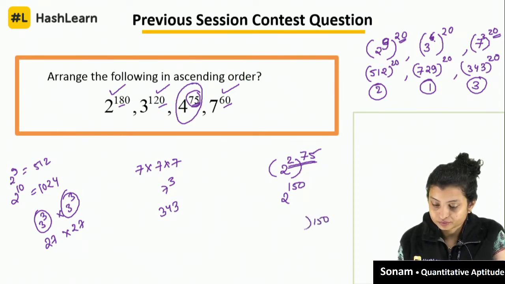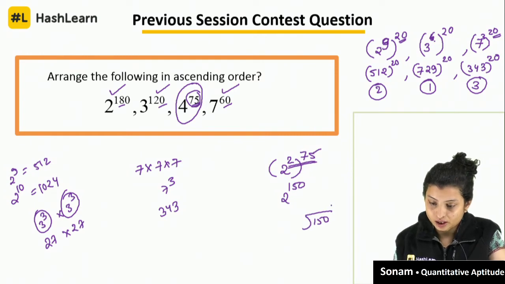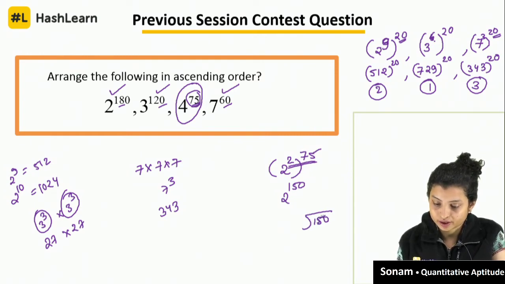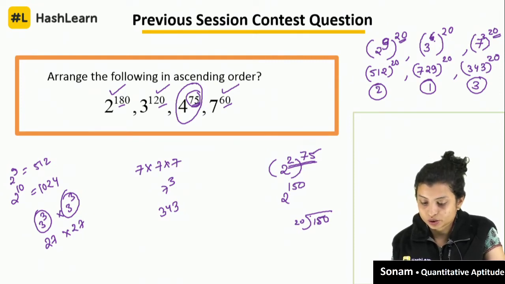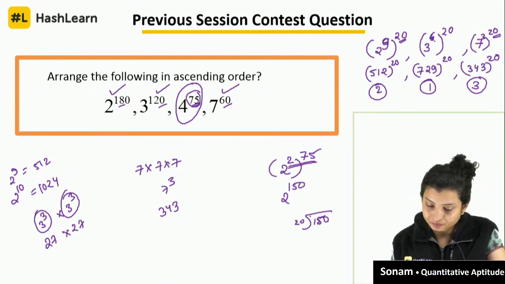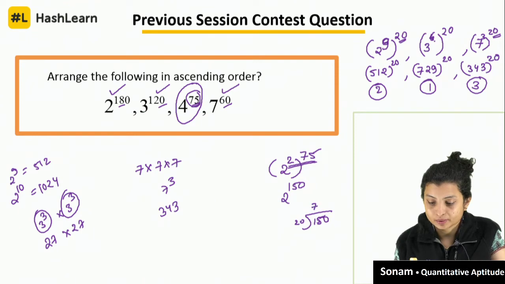So 150, and let's try to divide it by 20. So 20 how many times? 20 into 6, 6 times will be 120, and 7 times will be 140, isn't it?